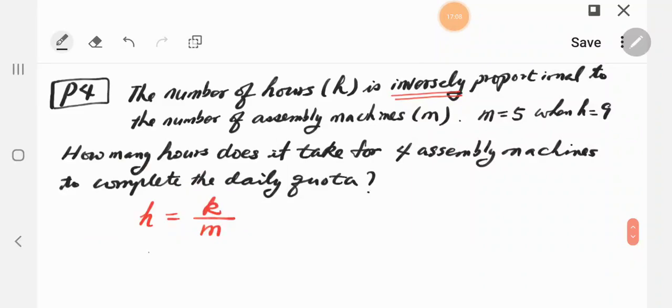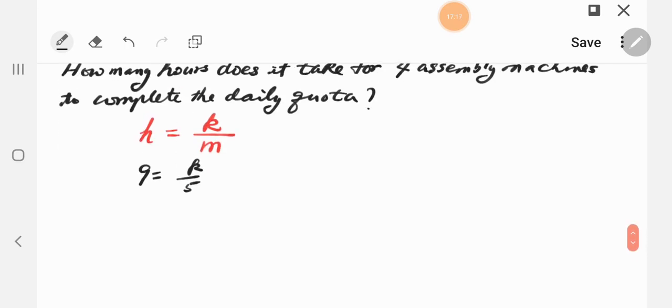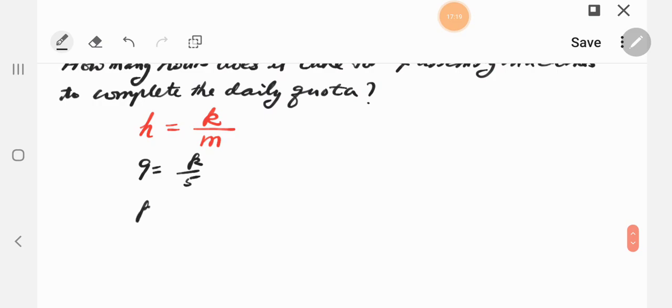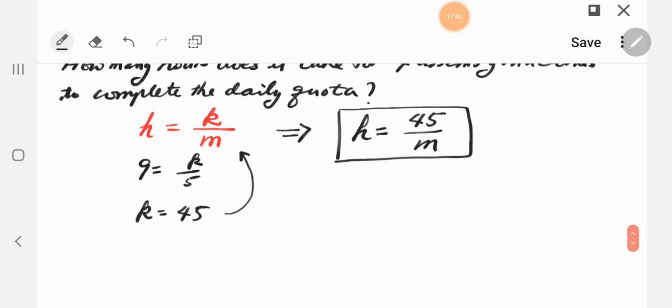H is 9 when there are 5 machines. Multiply each side by 5, then K is 45. So the equation is H is equal to 45 divided by the number of assembly machines.